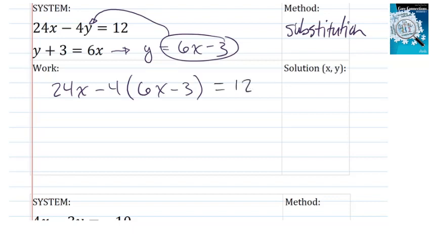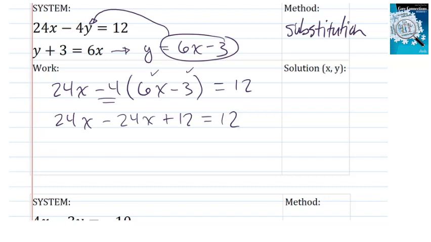Notice that I need to multiply both the 6x and the -3 by -4. So that would become 24x minus 24x, and then plus 12, and that equals 12.